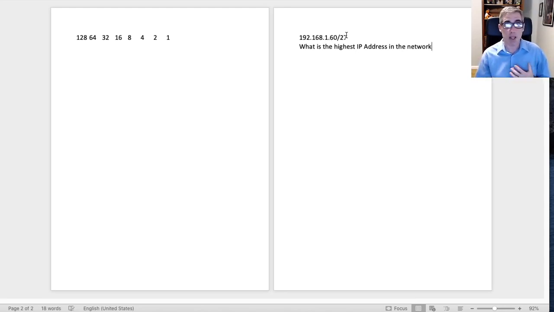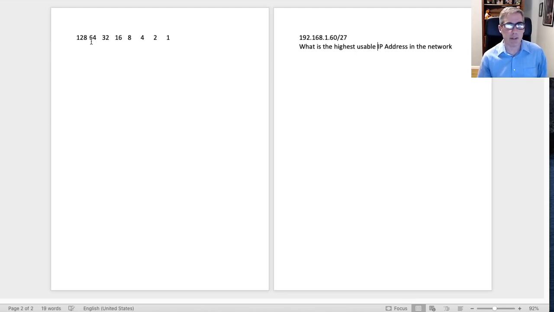And this might be because you have to set that as a switch VLAN address, or it might be that it's just a straight up question, what's the highest IP address in the network, or it's asking you something else related to that. And these are things we've done before. And I'll add highest usable address, just so we can clarify it's not the broadcast address we're looking for.